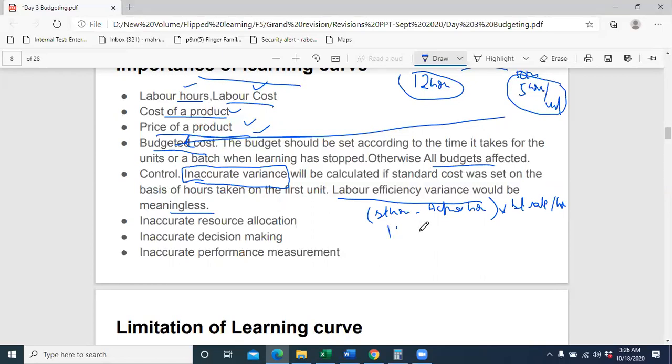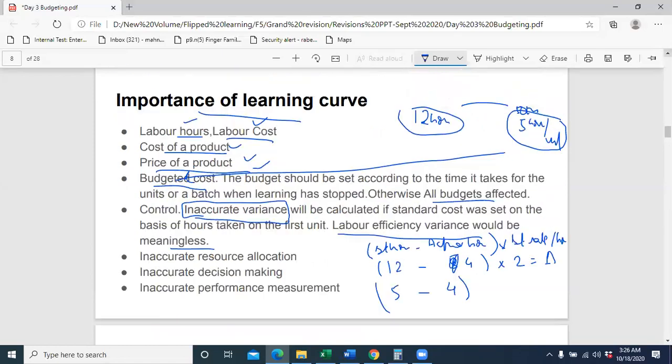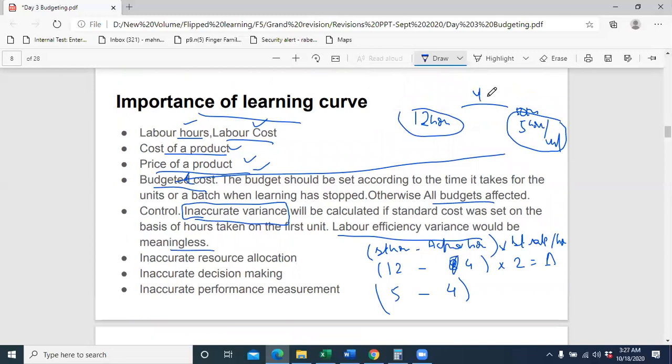For example, if it was 12 and the standard time should have been 5, and the actual time was, say, 4, here it was adverse. But actually the standard time was 5, not 12, because we didn't incorporate the learning impact. So definitely this would become favorable.